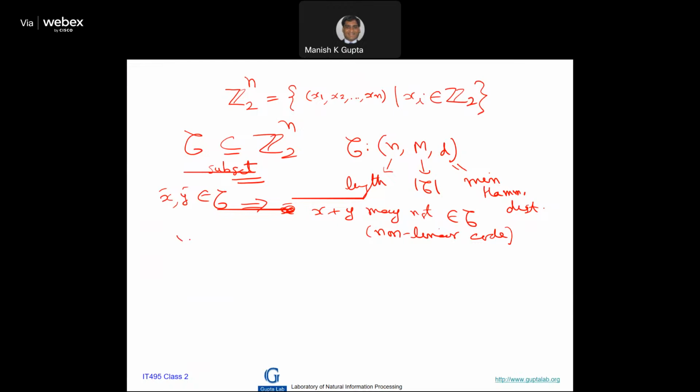Now, in the case of a linear code, C is a k-dimensional subspace.